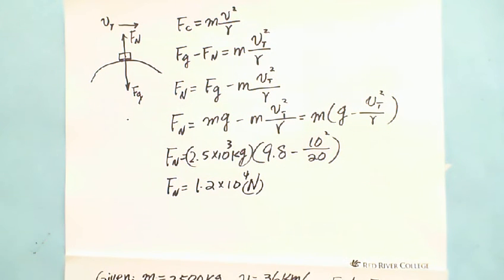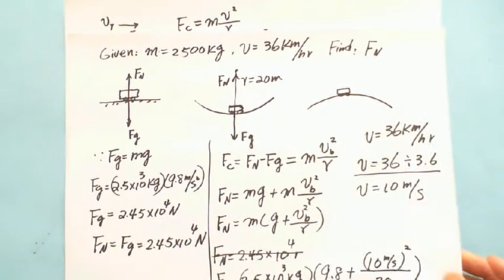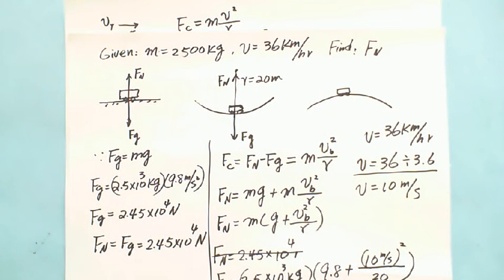Comparing the three situations: when driving on the flat road, the normal force equals gravity, 2.45 times 10 to the 4 Newtons.